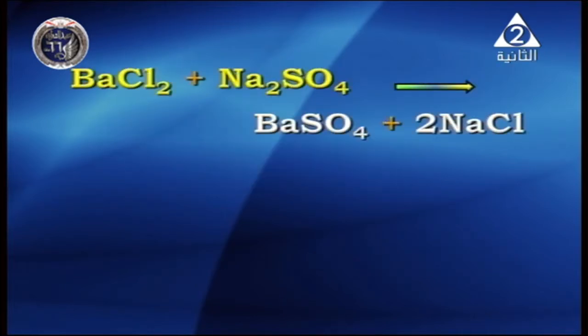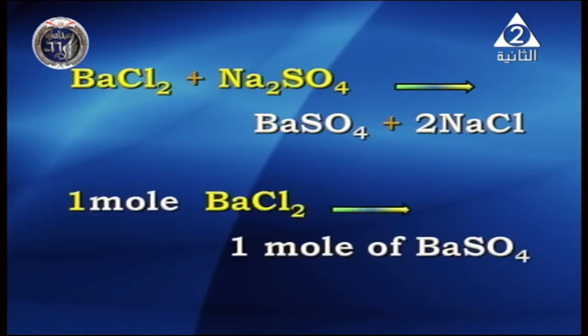So the solution here, as the equation appears on the screen: barium chloride plus sodium sulfate, BaCl2 plus Na2SO4 gives BaSO4 plus 2 NaCl. So the relation between the barium chloride and the precipitate: 1 mole of barium chloride precipitates 1 mole of barium sulfate.